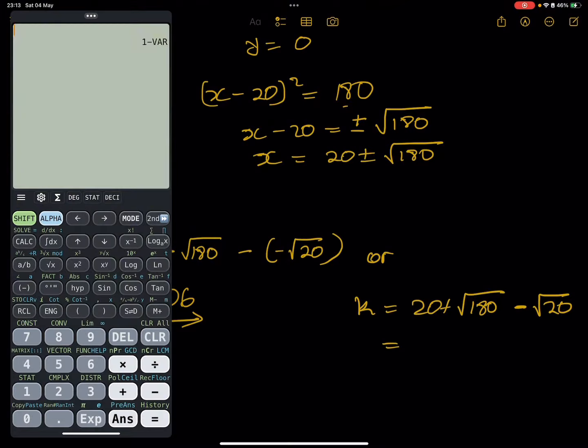So that's 20 plus the square root of 180 minus root of 20, and I get the value to be 28.94, and that is my other value for k.